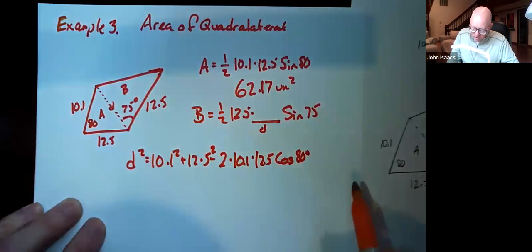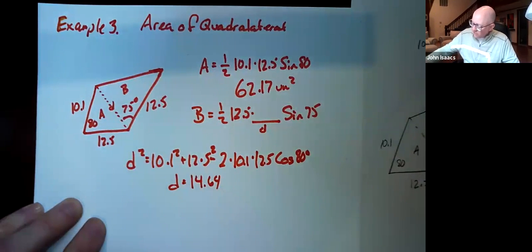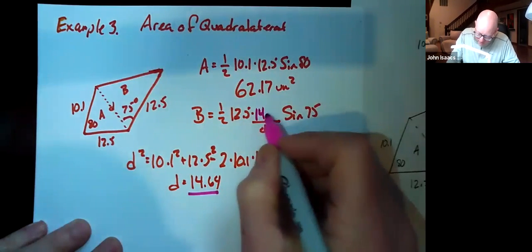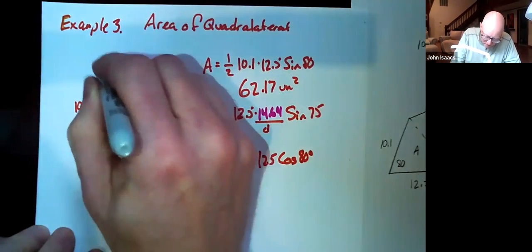All right, that same triangle again. And D winds up equaling 14.64. Now that 14.64 has to go in here. This side here is 14.64.